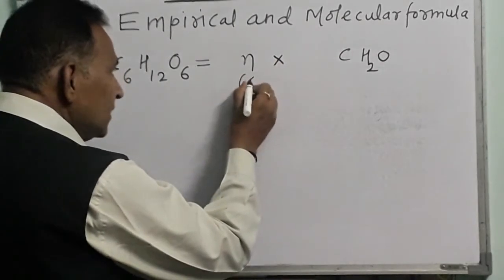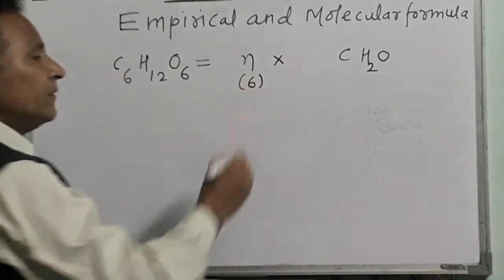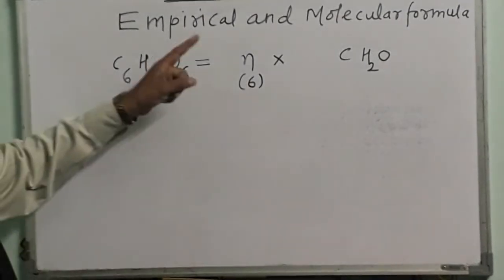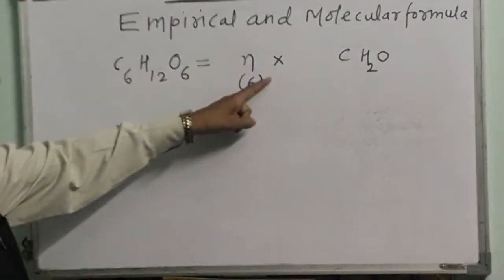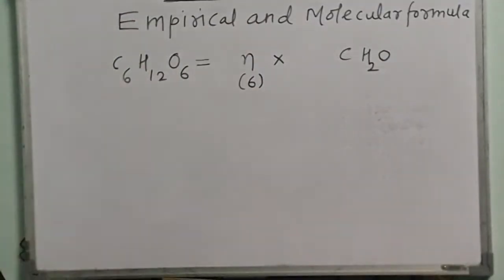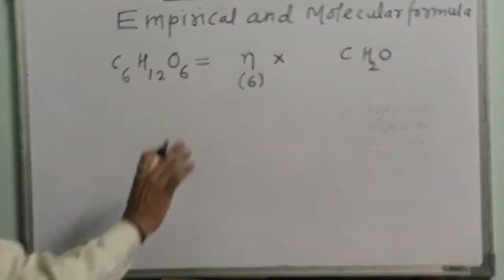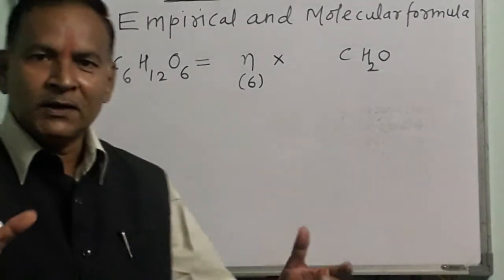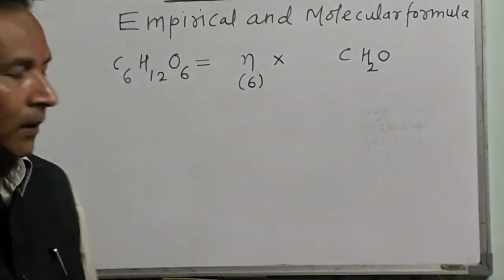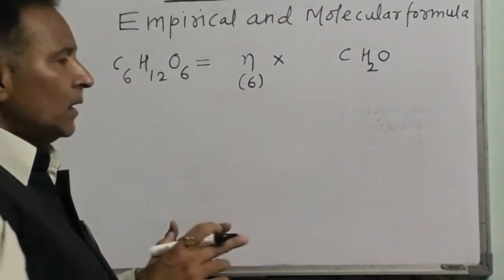Here the number is 6. Everywhere it will not be 6, it will be a positive integer like 1, 2, 3, 4, 5, 6 and so on. So we come to know the concept behind the two different formulas, what the molecular formula is and what the empirical formula is.